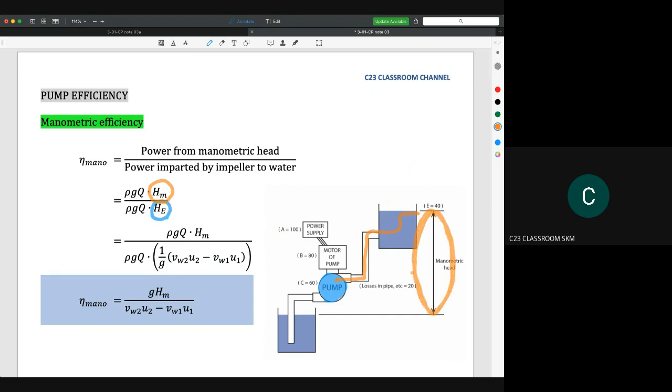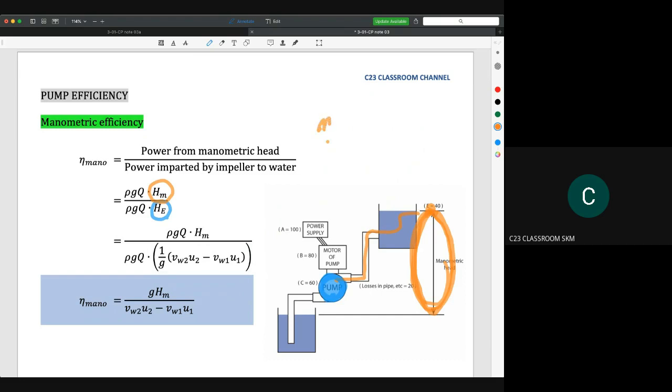So this is the manometric head. If we want to calculate the manometric efficiency, we assume that the Euler head inside a pump is the input and the output is the height of water at the outlet point here.